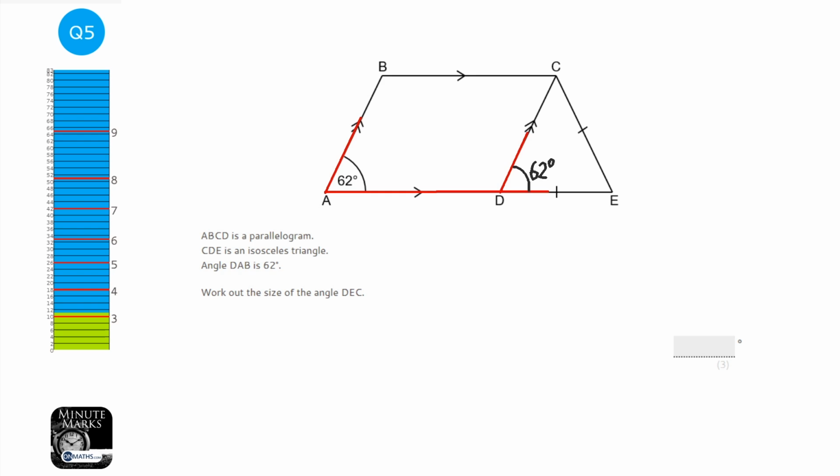I remember the Z angles as alternate. I just bung a Z in there. That's just the way I remember it. And the other one is interior, co-interior, allied, whatever you want to call it. Okay, so you need to write down the fact that angle CDE equals 62 degrees because corresponding.